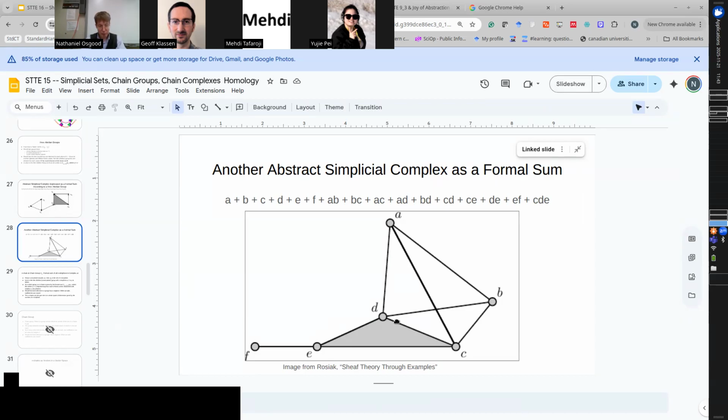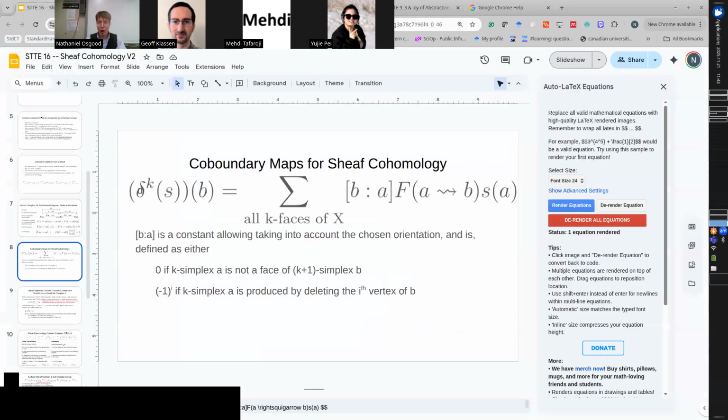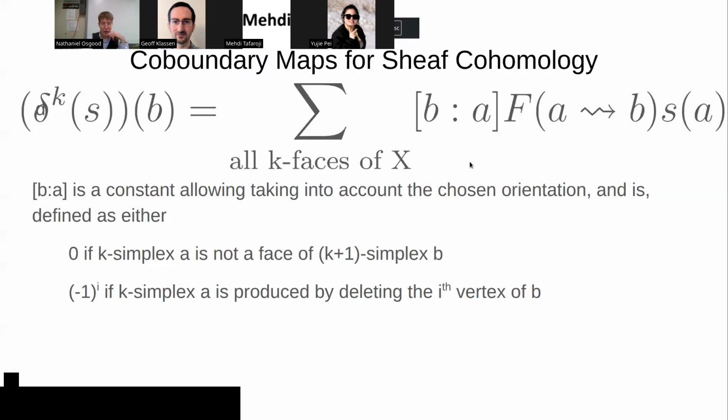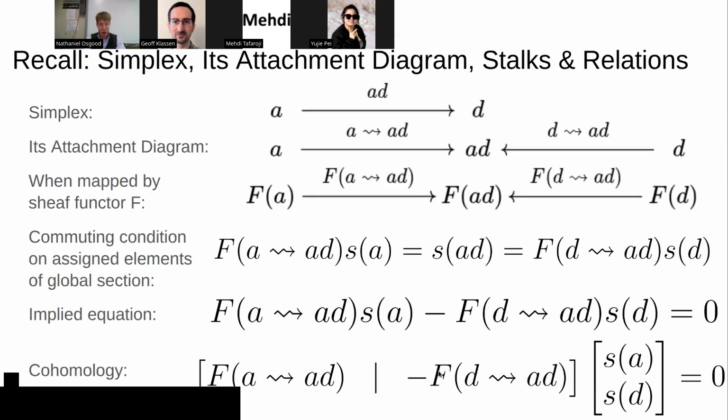D. Yeah. So that's true in general. It's not just true for triangles. In general, if A is a face of B, it can be produced by deleting some ith vertex of B. And all we do is take (-1)^i to get that here. And that gives for some the minus sign and some the plus sign.